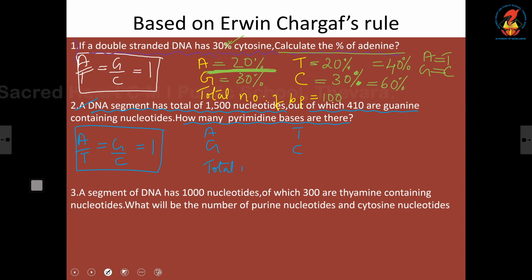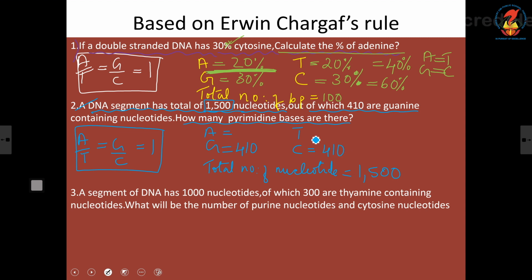And as per this question is given total number of nucleotides. Yes, they have given the total number of nucleotides as 1500. What else? Guanine is given at 410. If guanine is 410, automatically cytosine is 410.